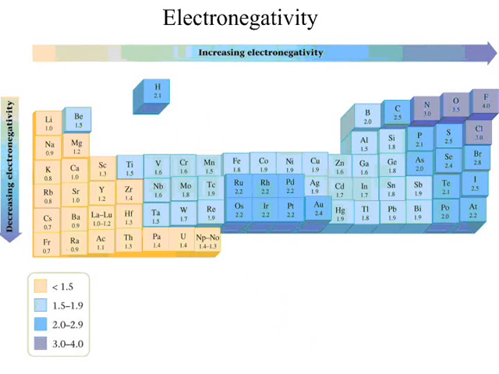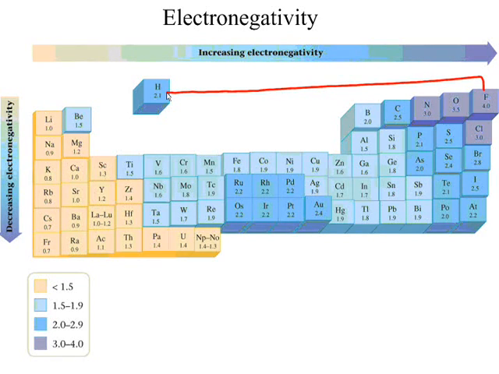Here we have the periodic table, but instead of having masses and atomic numbers on there, we have electronegativities. The electronegativity is a measure of the element's ability, or atoms of that element, to pull on a shared pair of electrons. So for instance, in the one we just had, we had hydrogen and fluorine.